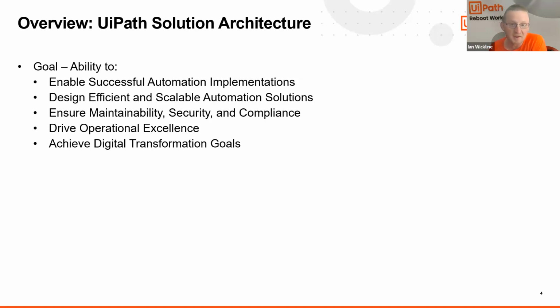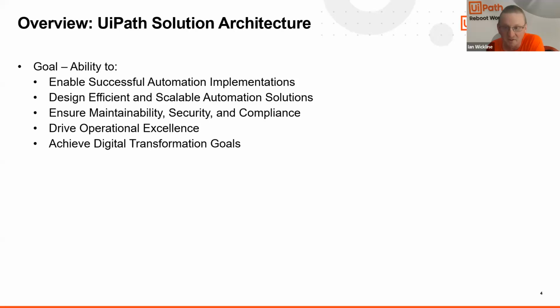Getting into designing efficient and scalable automation solutions. So efficiency and scalability are critical factors for automation solutions. UiPath Solution Architecture enables organizations to design automation solutions that are optimized for performance and resource utilization, leveraging best practices, the different design patterns, modular approaches.